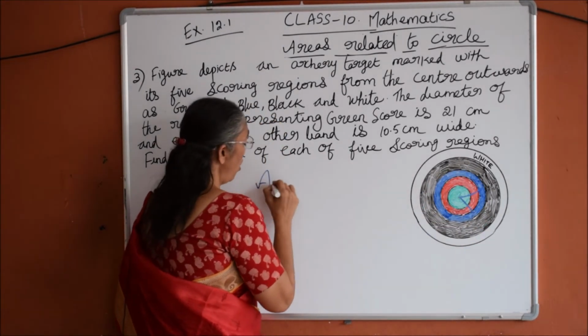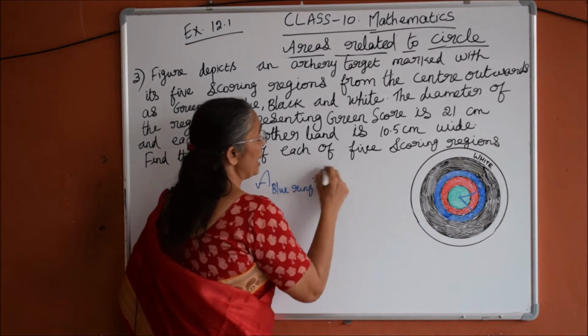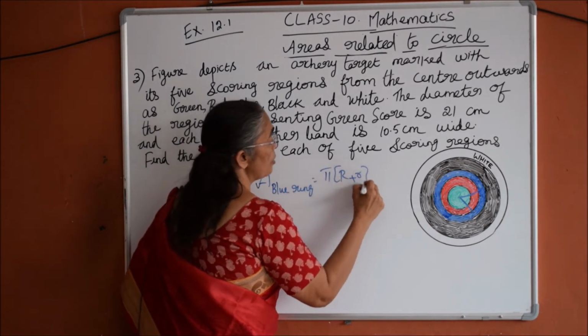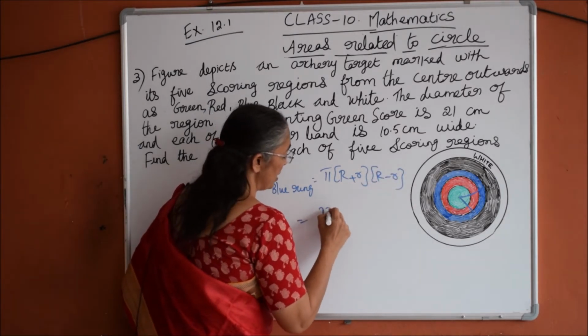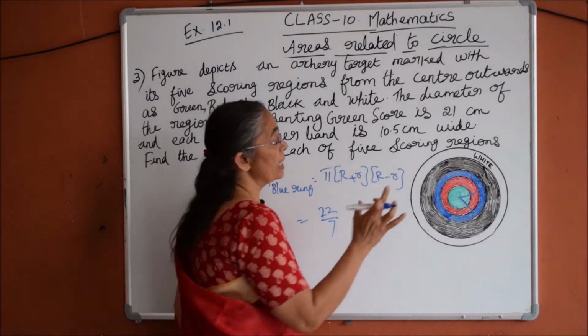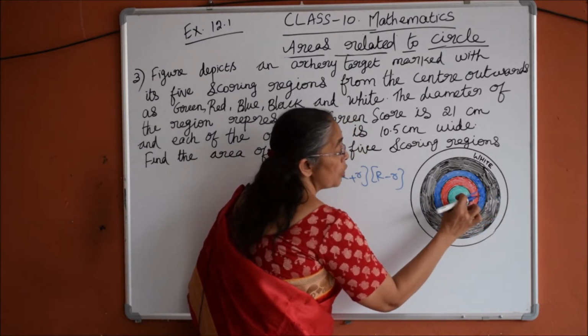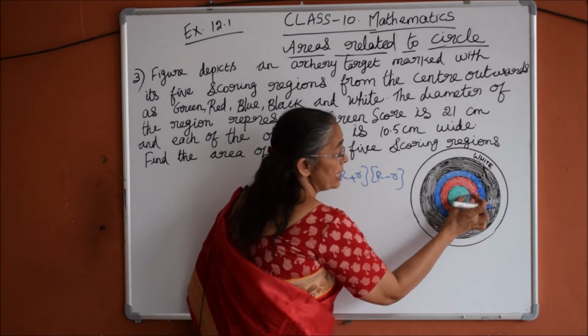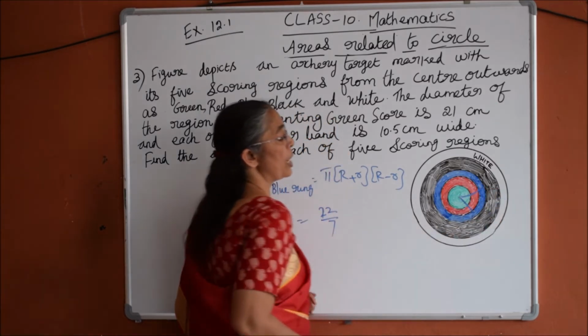Now, let us do the blue region area. Area of the blue ring: formula again pi of R plus r into R minus r. Pi is 22 by 7. Capital R is the full big radius, which is the innermost radius 10.5 plus this width 10.5 plus this width 10.5.